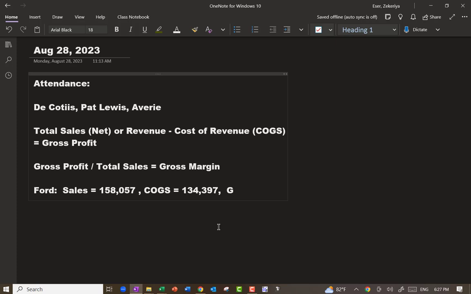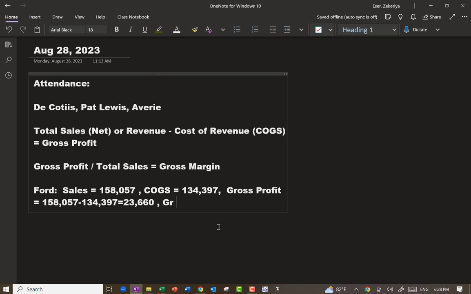Let's do this. Gross profit. And we could have done this in Excel, but OneNote also acts as a calculator.